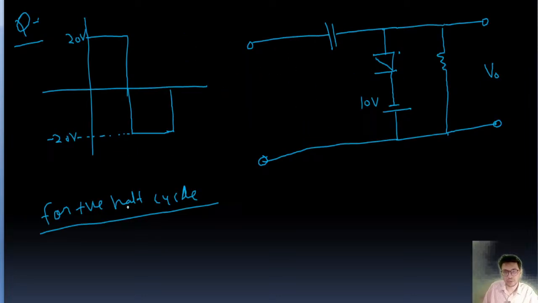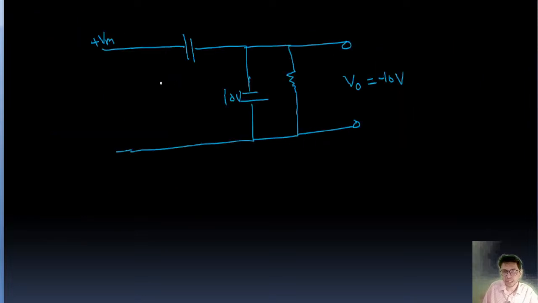And now in this loop we can use KVL. So this is going to be Vm minus Vc, and then plus 10, that is going to be equal to 0.